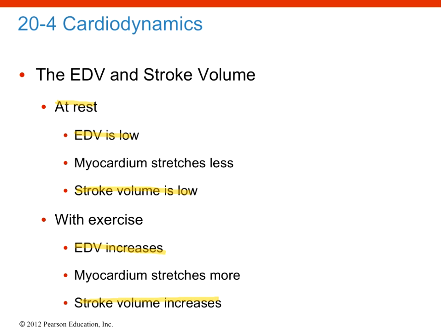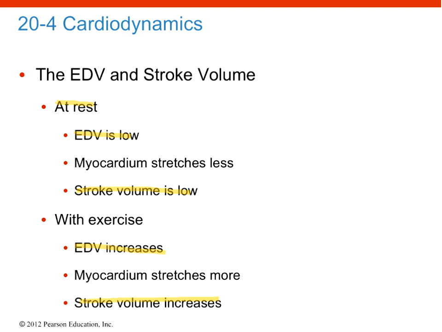In end-diastolic volume and stroke volume, when you're at rest, the end-diastolic volume is low and the stroke volume is low. So the amount of blood that you start with is low, and the amount of blood that's ejected out is low. The myocardium is not really going to stretch that much. When you exercise, on the other hand, you have more venous return, so that Bainbridge reflex is going to be triggered.